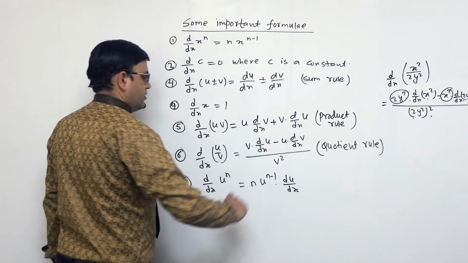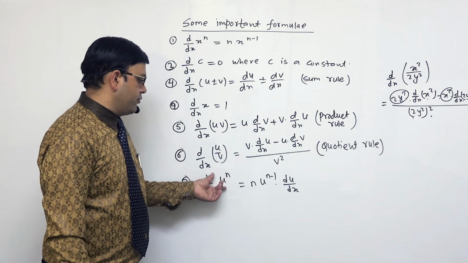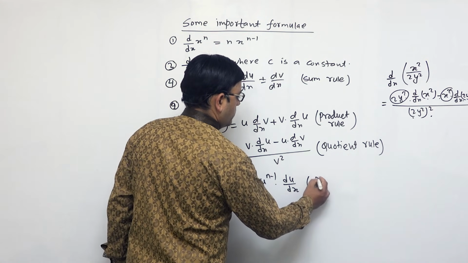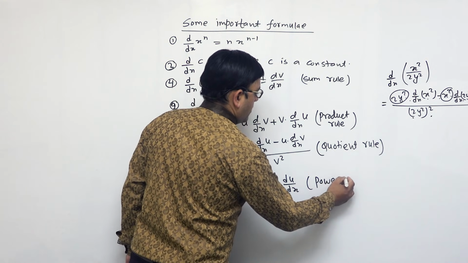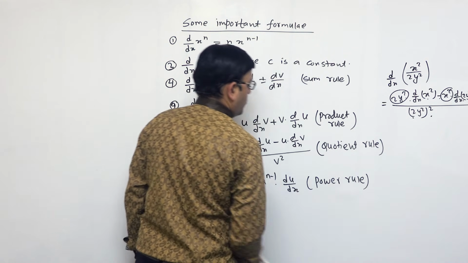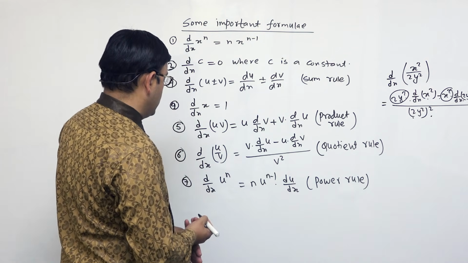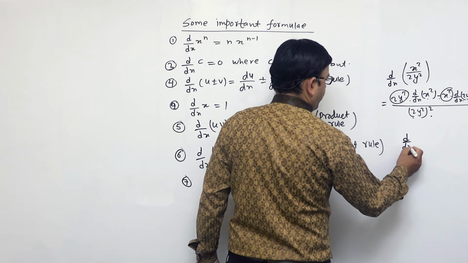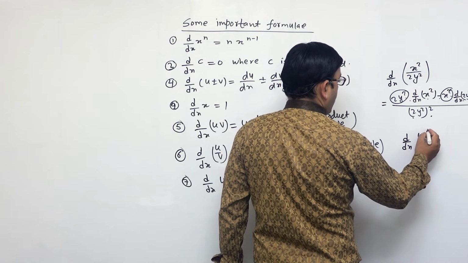This is the derivative of u to the power n. What do we call this? We call it the power rule. For example, let's look at d by dx of y cube.